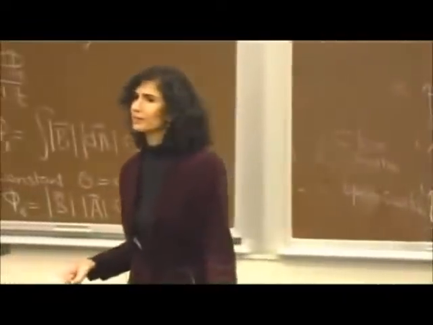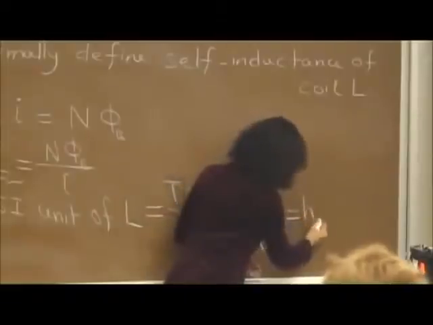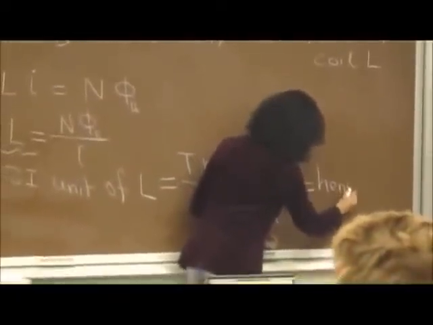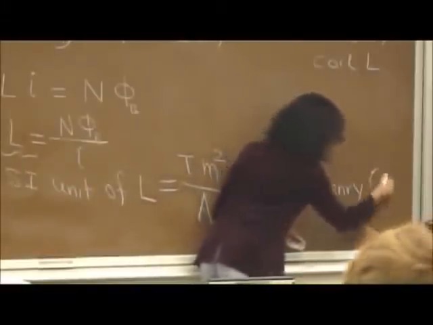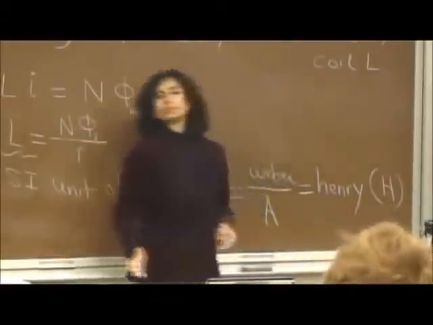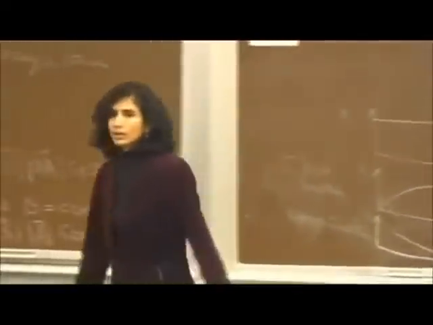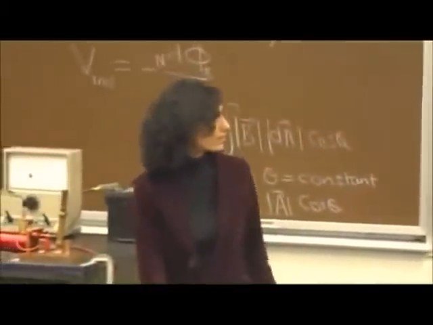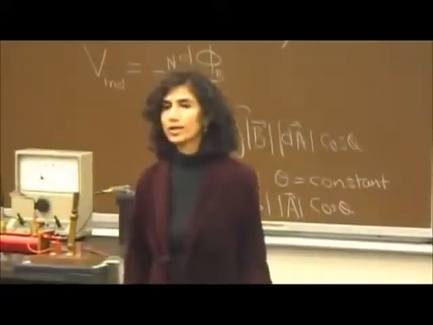It's called Henry, after the scientist who did a lot of work in this area. So the SI unit of self-inductance is Henry, with the symbol H. Henry is nothing fancy, but Tesla meter square per ampere or Weber per ampere.